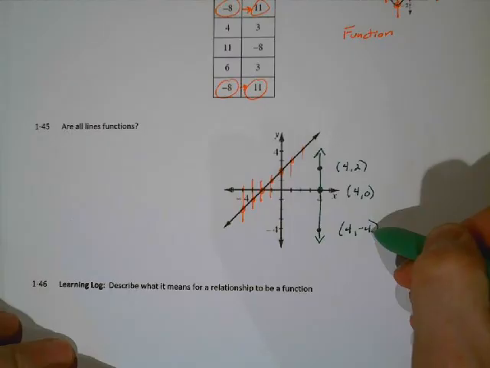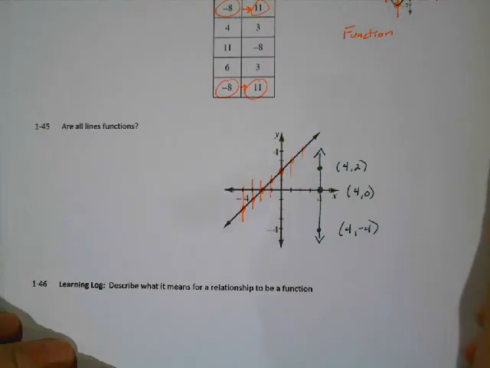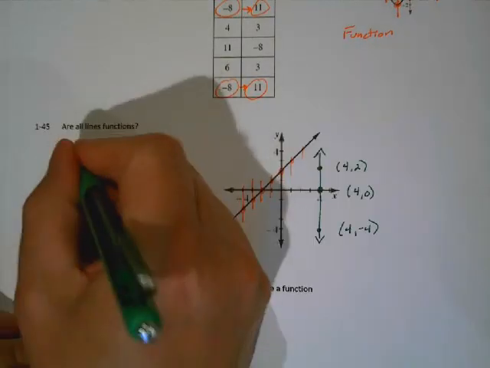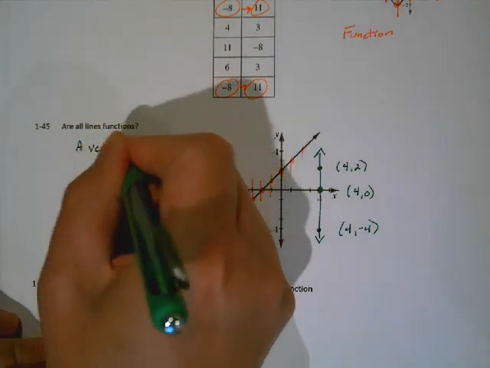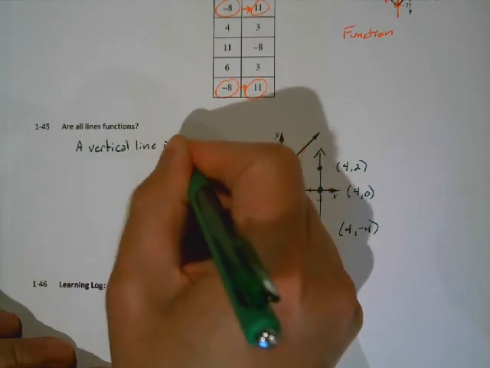That is not working out for us. We can't have different outputs for the same input. So we would say a vertical line is not a function.